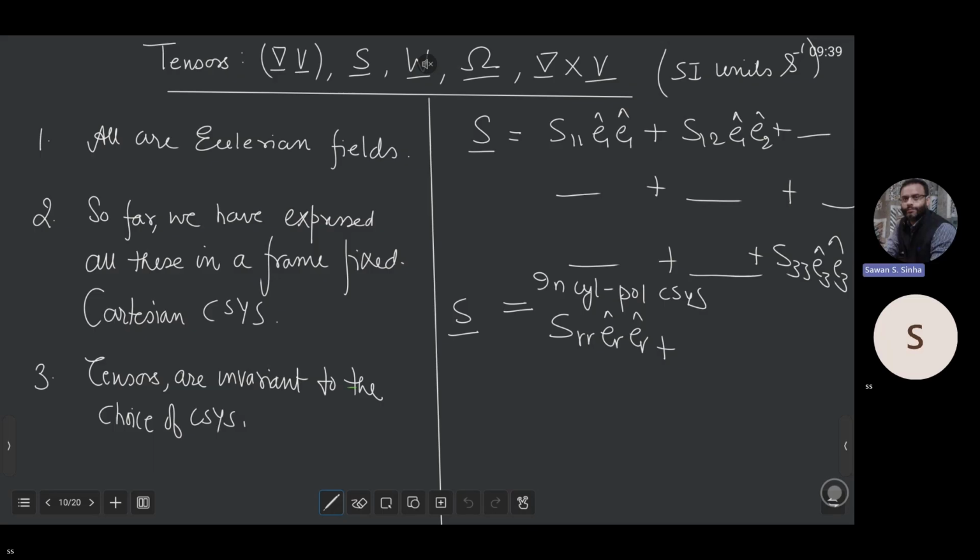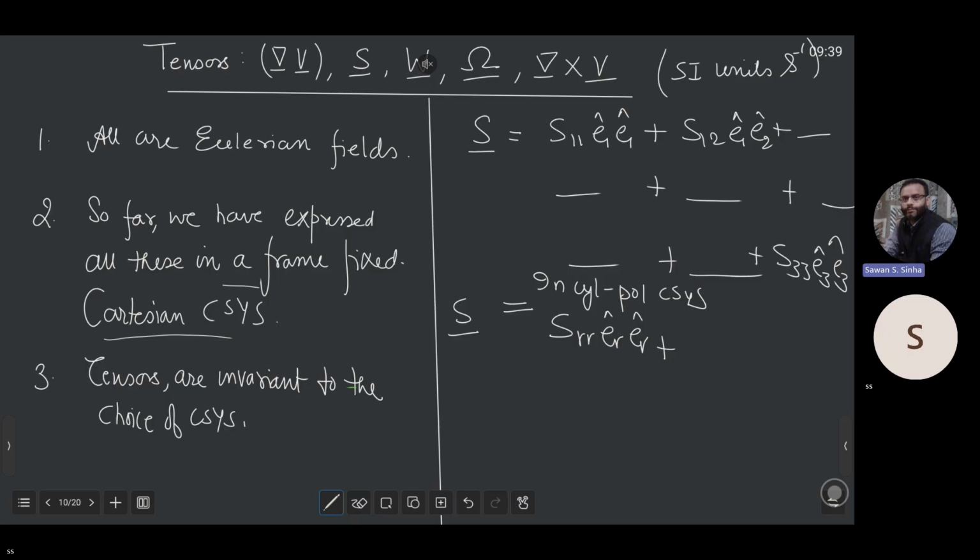These points I have already mentioned earlier, but let me emphasize once again. Velocity gradient tensor, strain rate, rotation rate, they're all Eulerian fields and all have SI units per second. So far, we have expressed all these in a frame fixed Cartesian coordinate system.